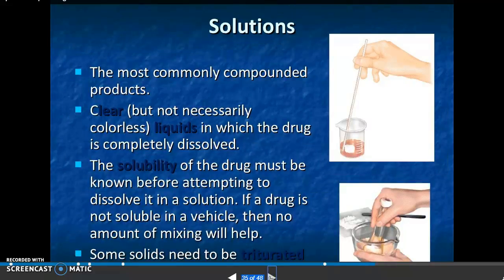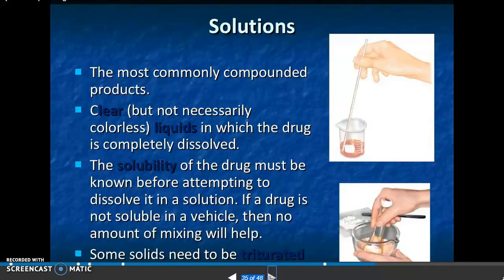All right, solutions. A lot of times this is the most commonly compounded product. Sometimes it may be a clear liquid, not always colorless, in which a drug is dissolved. Something very important is the solubility of the drug, which must be known before attempting to make a solution.